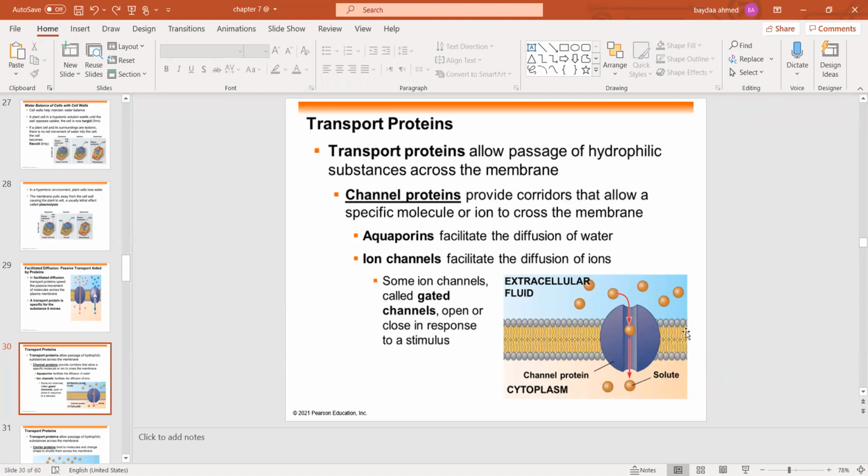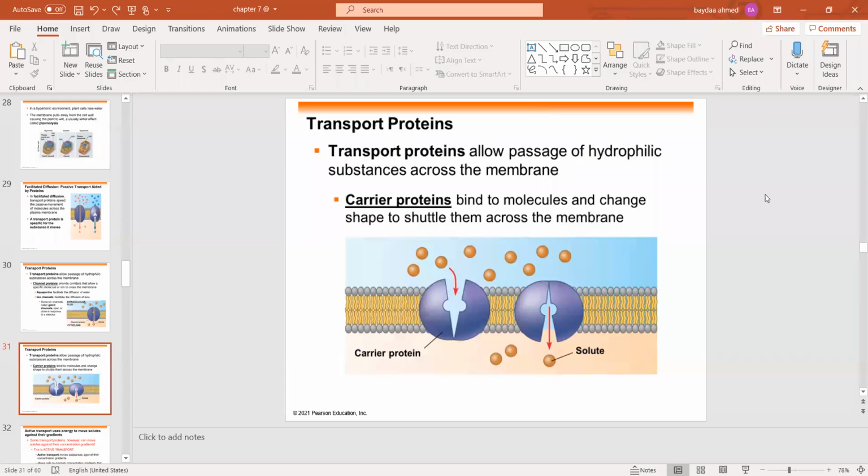Channel proteins that transport ions are called ion channels. Many ion channels function as gated channels, which open or close in response to a stimulus. Carrier proteins such as the glucose transporter seem to undergo a subtle change in shape that somehow translocates the solute binding site across the membrane.